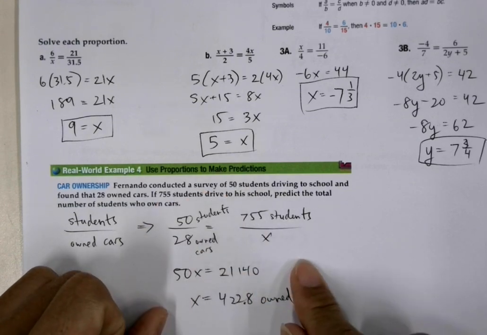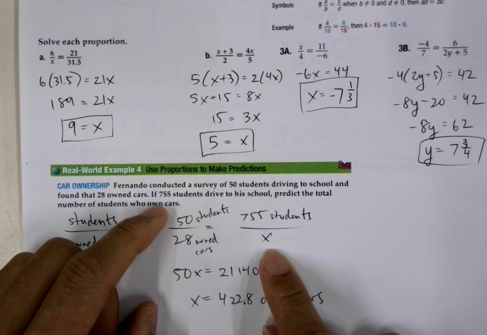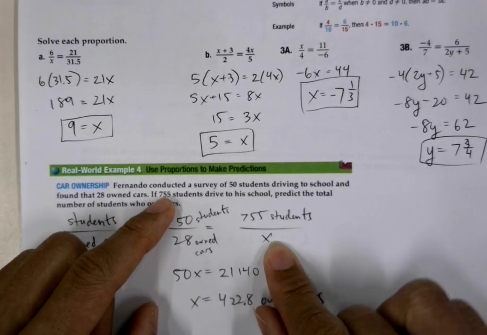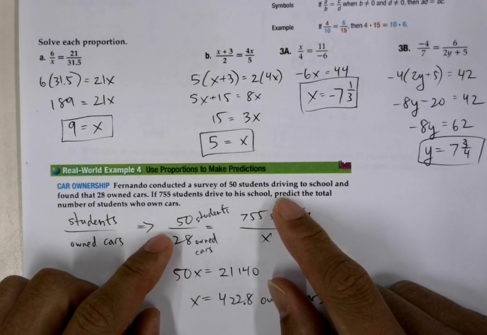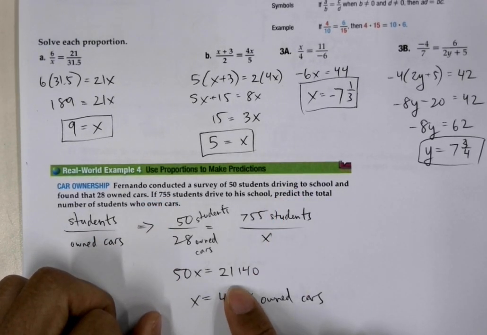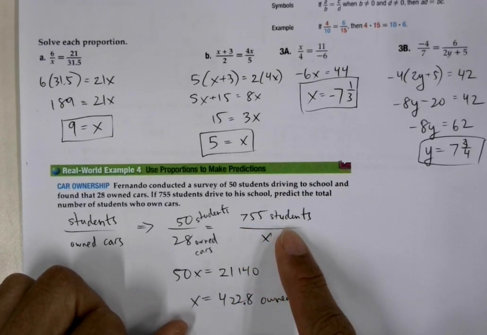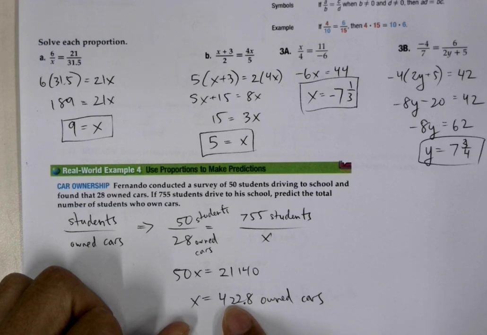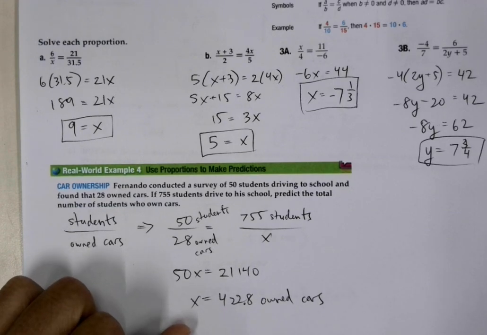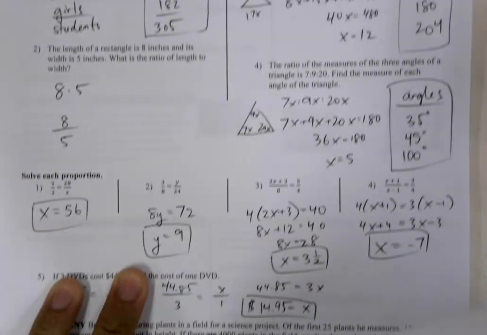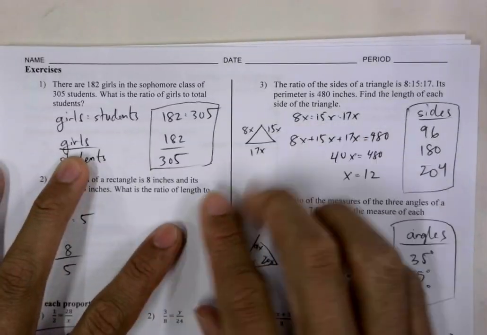And then we're going to solve this ratio by multiplying the extremes and setting that equal to the means multiplied together. Right? And we find that if there are 755 students, then 422.8 will own cars. So we're moving on to the next page where we have more exercises.